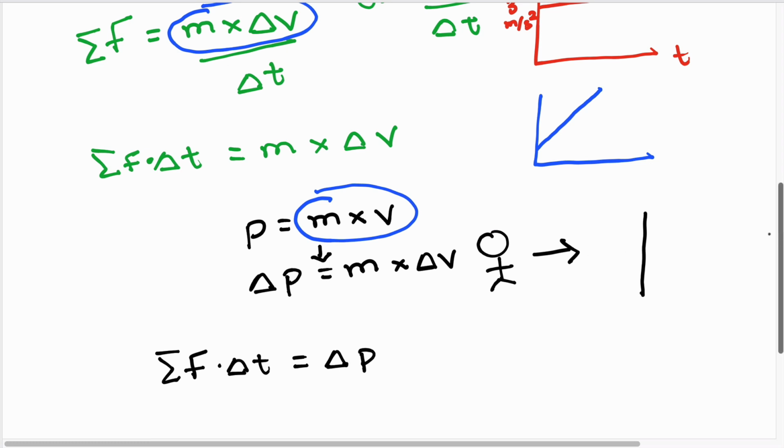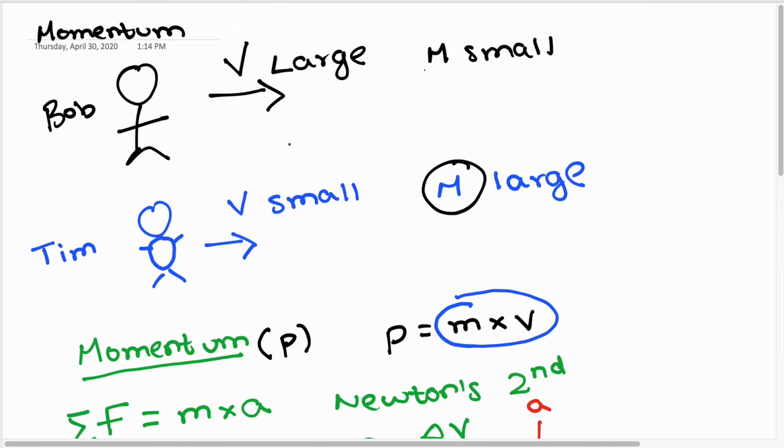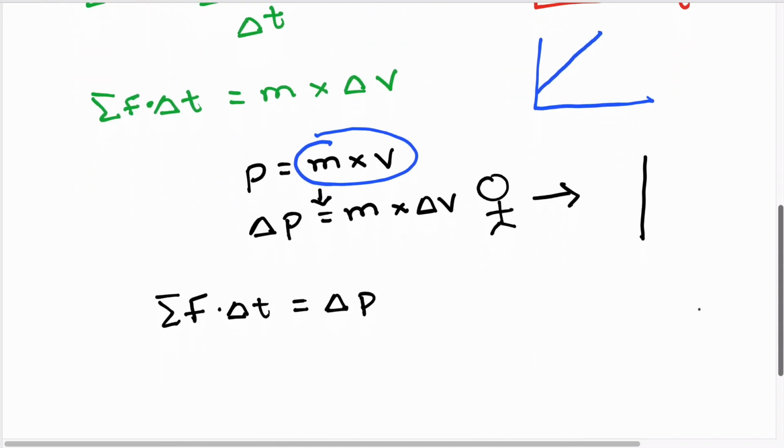We talked about the definition of momentum as how unpleasant it would be if a person hit something. Now this time is actually the time that the person is in contact with the thing that he's hitting. And that is equal to the change in momentum.